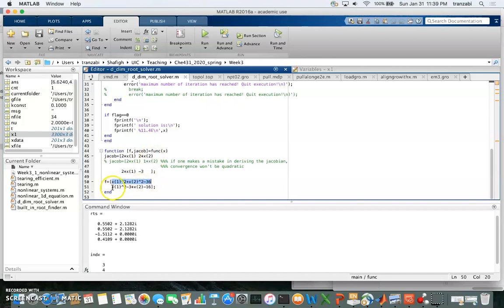Then we go to the second row and take the derivative with respect to x1, which is 2x1. Derivative of this equation with respect to x2 equals minus 3, and that's it. So this is going to be my Jacobian. It's a 2 by 2. This subfunction, func x, outputs f and the Jacobian.